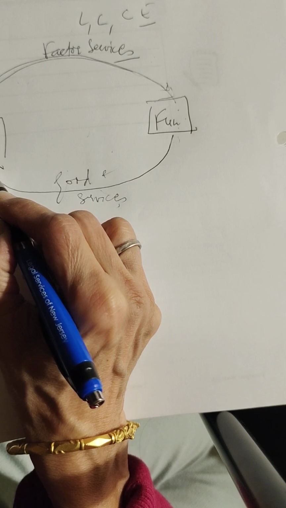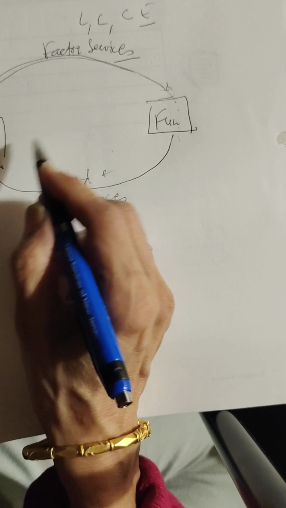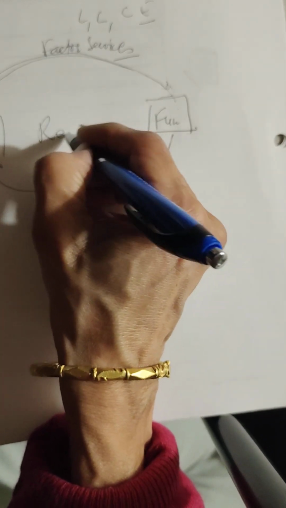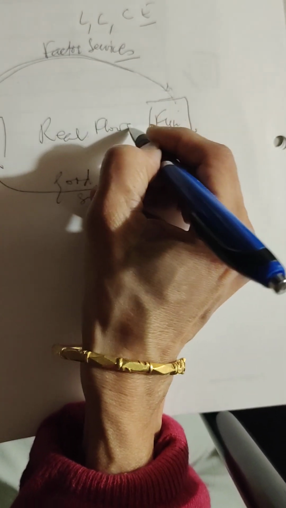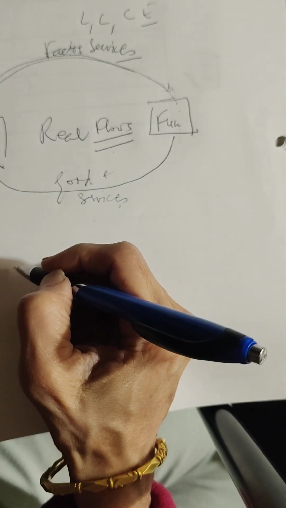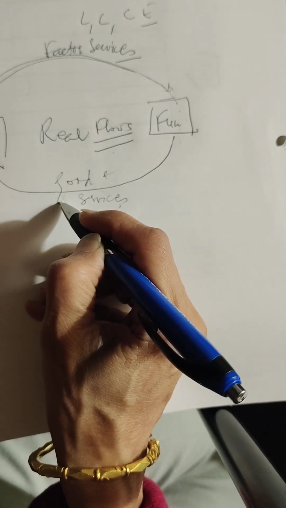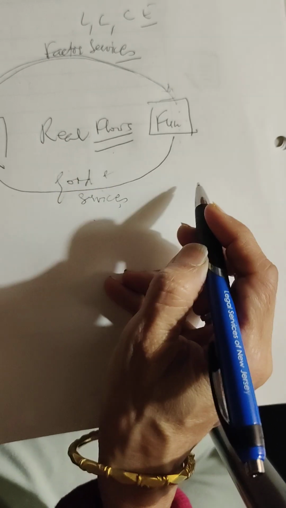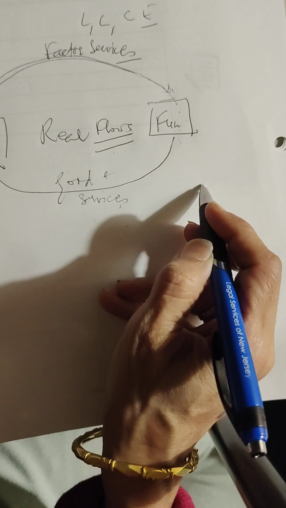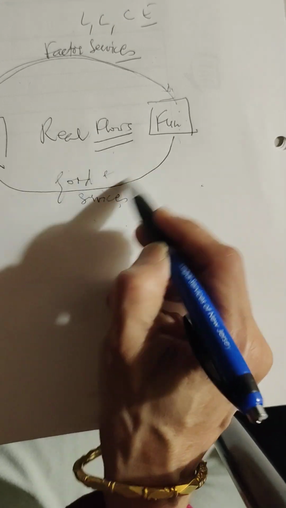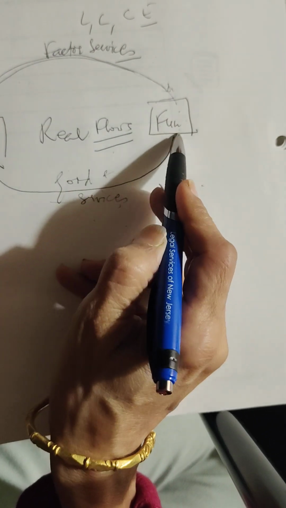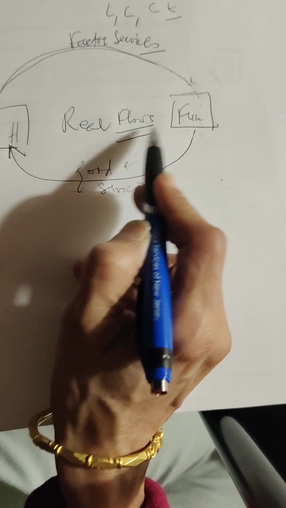These are also known as factor services and goods and services. We'll call it real flows. So they are known as real flows. Real flow is the final goods and services flow from firms to households when they produce, and the households give their factor services to the firms. So, nothing is free.